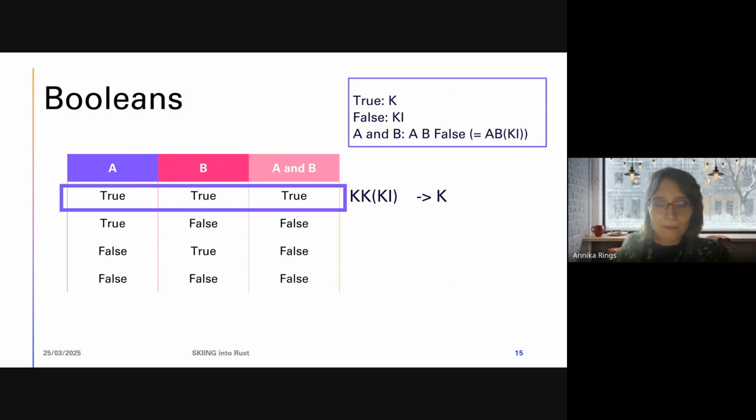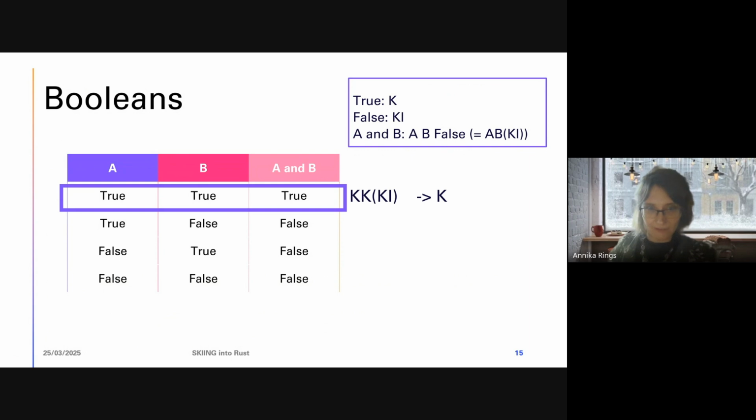So A B false, in this case, translates to (K K) K I. In this case, the parentheses are required because we want to evaluate this portion first. We know that K takes two arguments and returns the first, which in this case is K, and we discard the second one. So the result of this is K, which is our encoding for true.